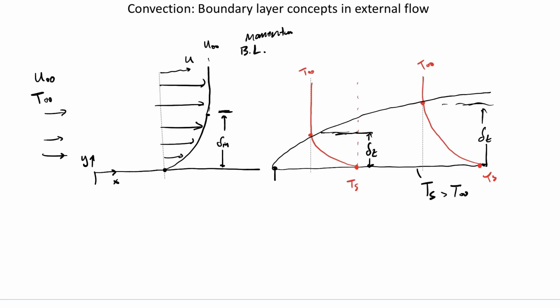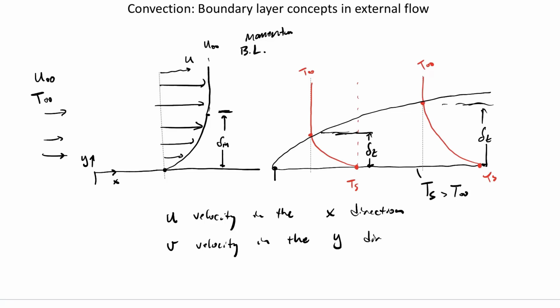Okay, so let's get some things clear. We have U, which is our velocity in the X direction. We're going to introduce V, which is our velocity in the Y direction. For a problem like this, we don't really have any V velocity.